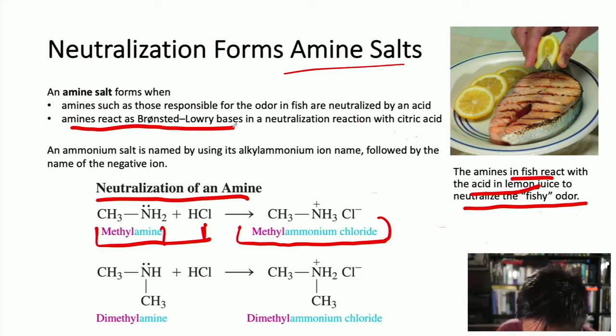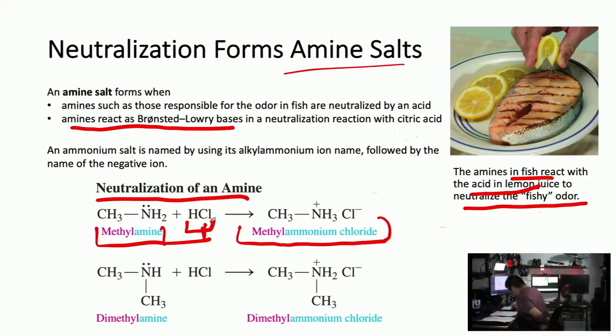And when you add hydrochloric acid to methylamine, the amine takes that proton from the hydrogen right there, leaving you with methylammonium and the chloride ion. Same thing happens here.